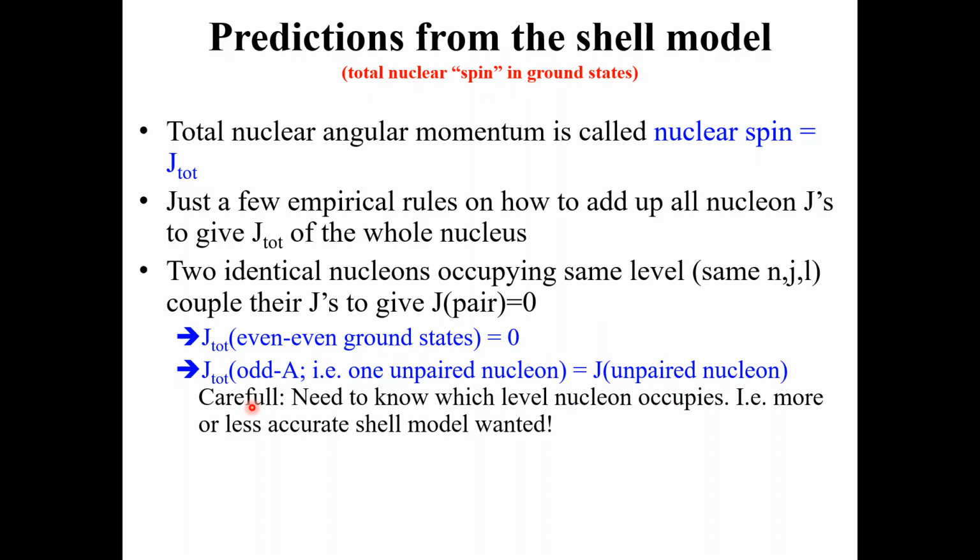We should be careful here, because we need to know which level the nucleon occupies. That is, a more or less accurate shell model is needed. So the modulus of the total angular momentum of the unpaired neutron minus the angular momentum of the unpaired proton should be smaller than or equal to J total of the odd-odd nucleus, which should be smaller than or equal to the angular momentum of the unpaired neutron plus that of the unpaired proton.